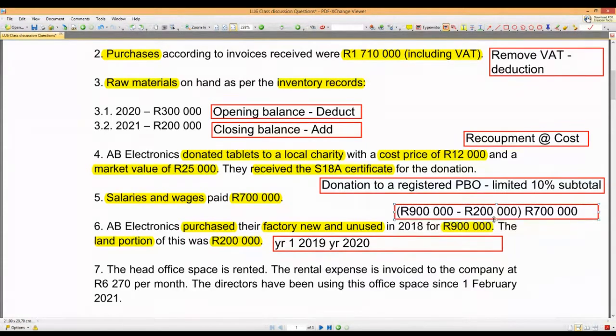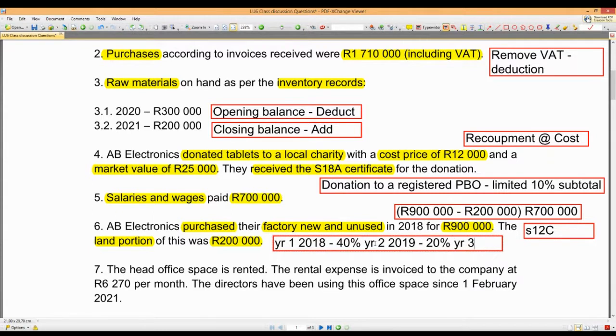Okay. Now, because it's for a factory and the factory would be for the manufacturing process, we would apply section 12C to that. Now, year 1 would be 2018, which would be 40%. Year 2 would be 2019, which would be 20%.